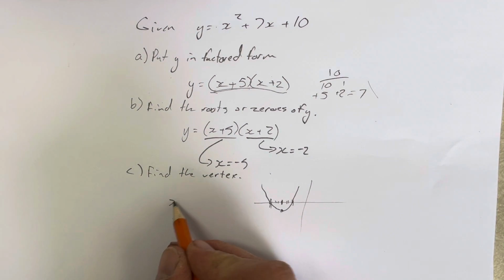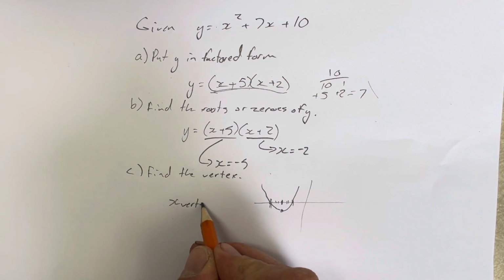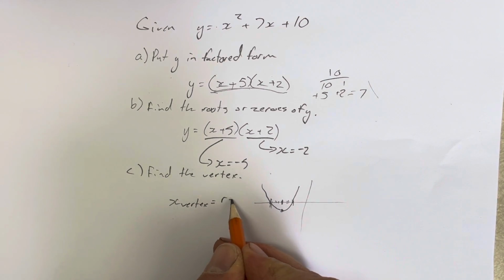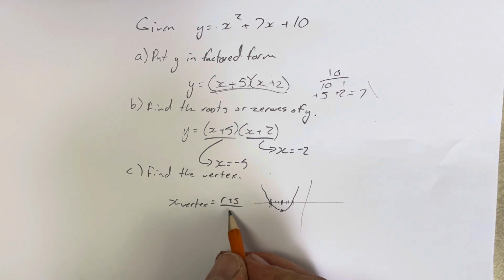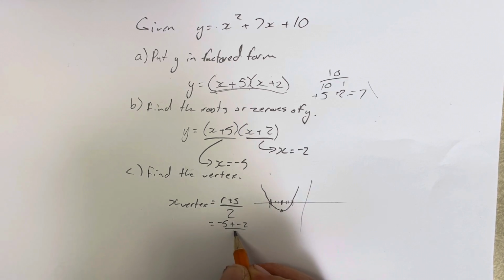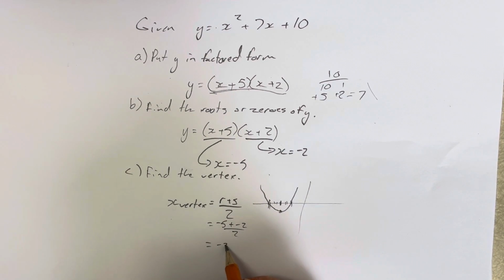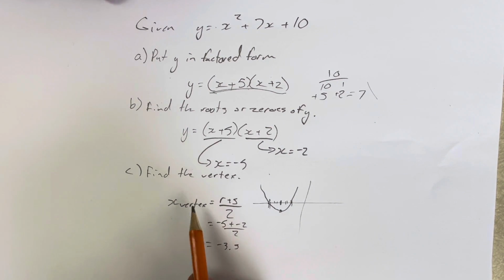So to find this, we can find the x value of our vertex by adding our two roots, we sometimes call them r and s for the first root and the second root, and dividing by 2. So in this case, we'd have negative 5 plus negative 2 divided by 2, which is negative 3.5. Now that is the x value of the vertex.